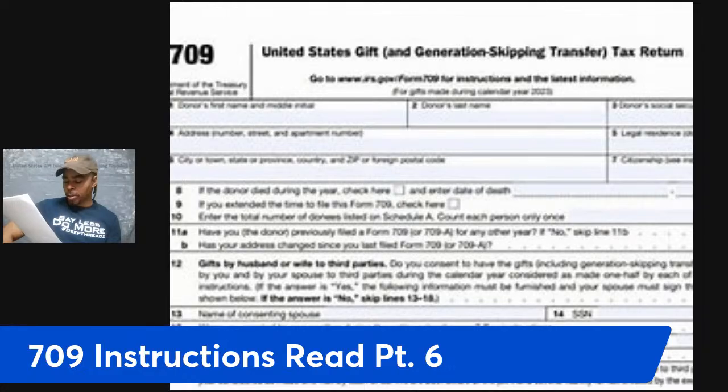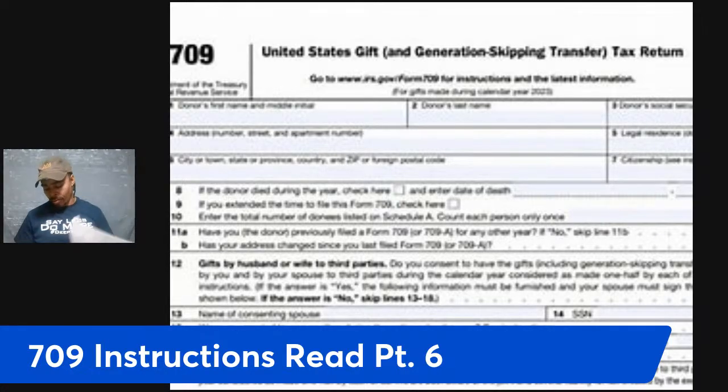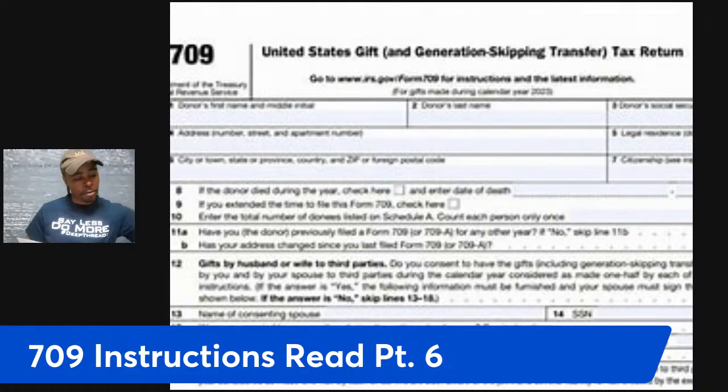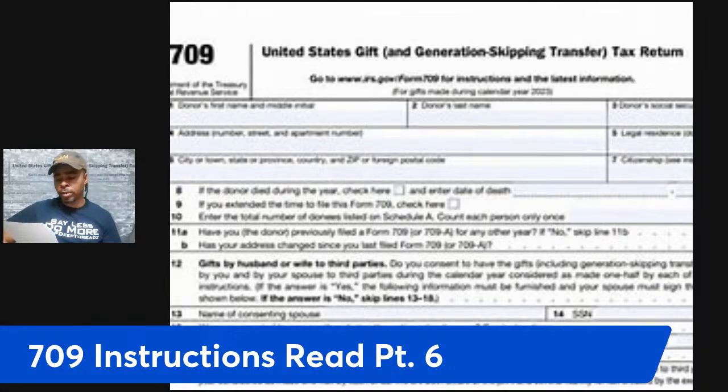Section 6109 requires that you provide your identifying number. Generally, tax returns and return information are confidential, as stated in Section 6103.